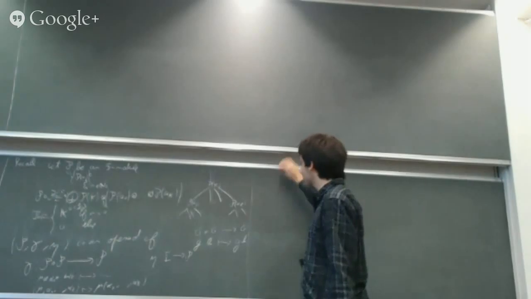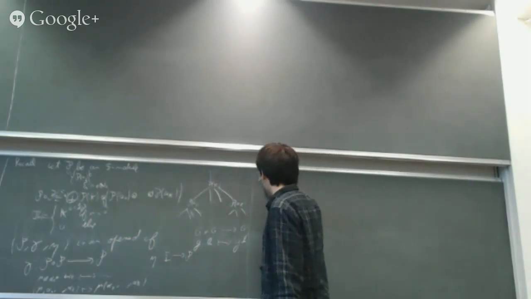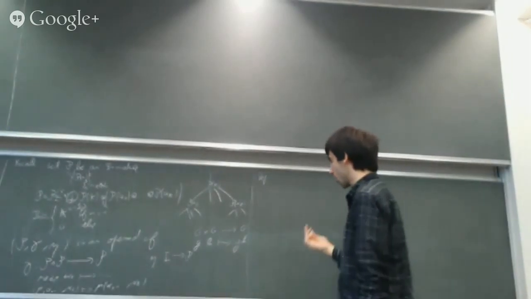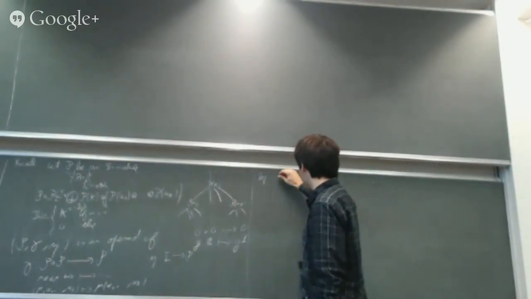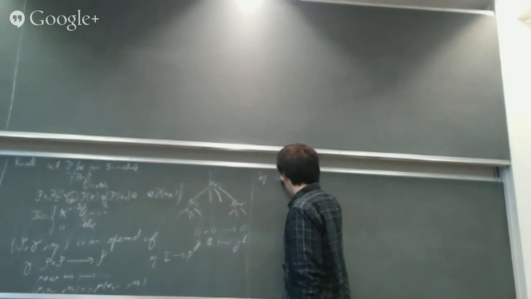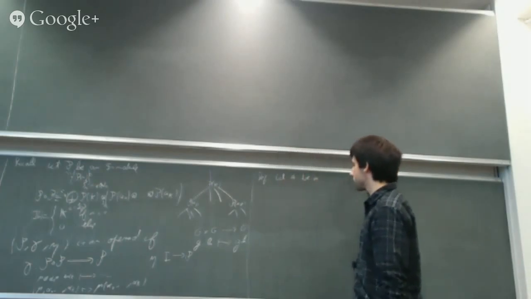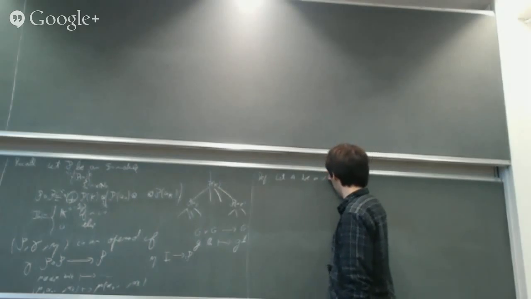And the other definition that I had was an algebra over an operad, right? So let A be a vector space.